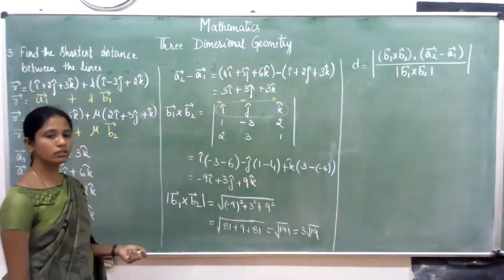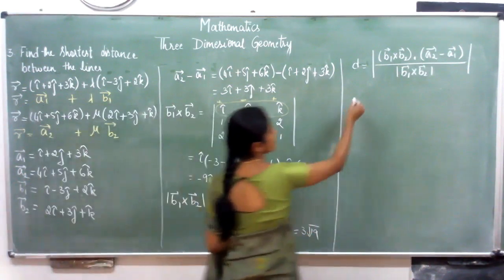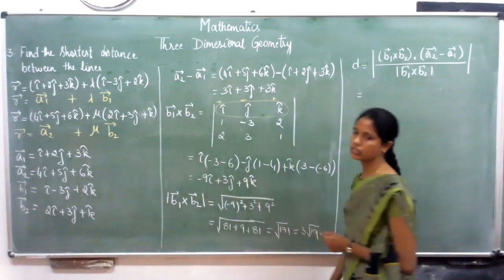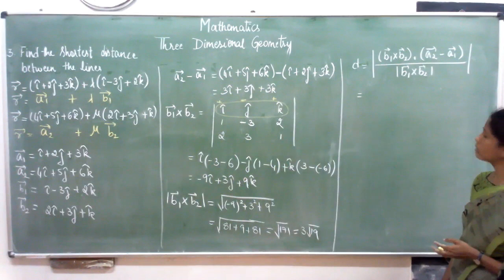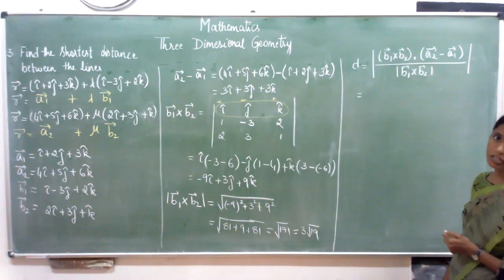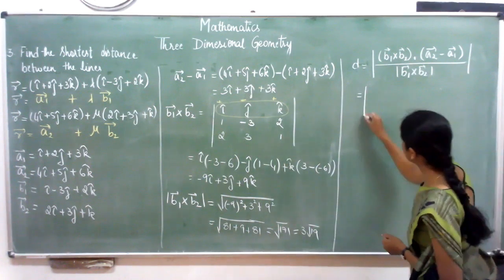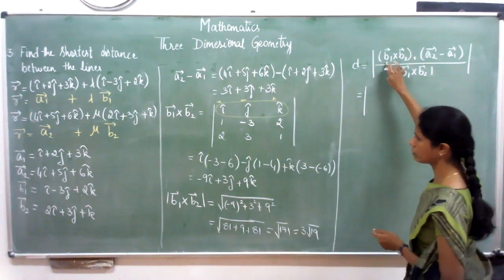Okay, now let us substitute these values in the formula. This is equal to the formula, which is given by modulus of b1 cross b2 dot vector a2 minus a1, divided by magnitude of vector b1 cross vector b2. So what is vector b1 cross b2?